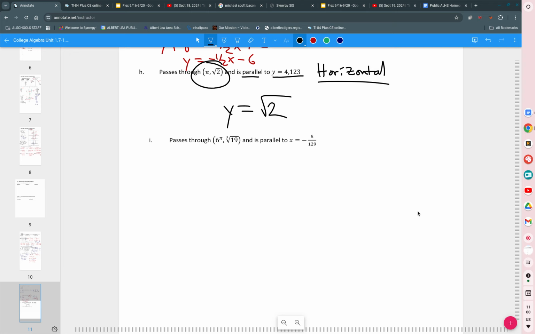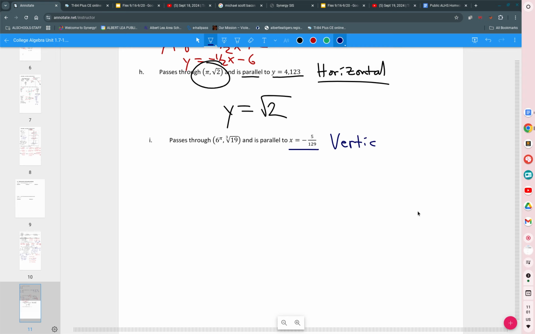It's a parallel line or. Oh, wait. So it's a vertical line, not horizontal. Oh, yeah. So like that. So it's gonna be.